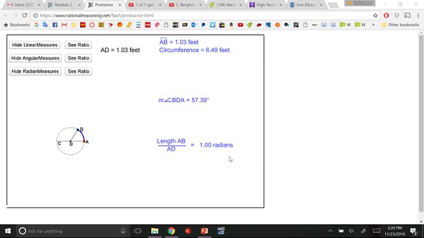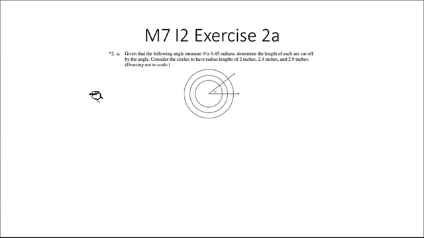Let's go back here. There we are. And I'll do this a little bigger this time.